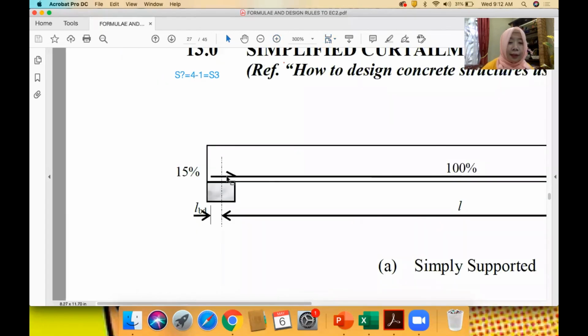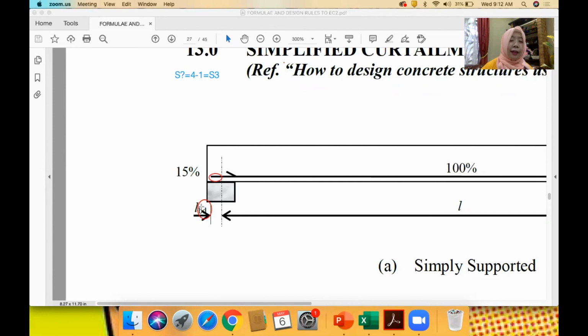You can see here, this is the LBD. 50% of them can be extended beyond the support with the anchorage length.